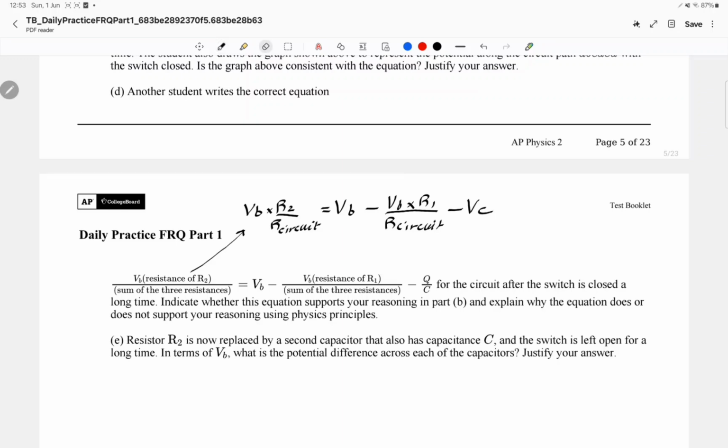And the voltage in the capacitor is just equal to VB times R3 over R of the circuit.